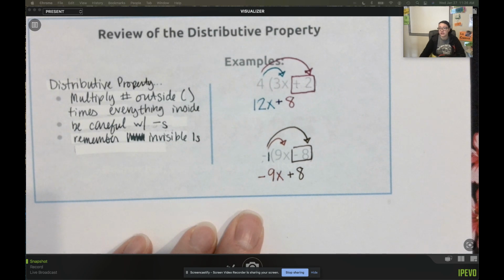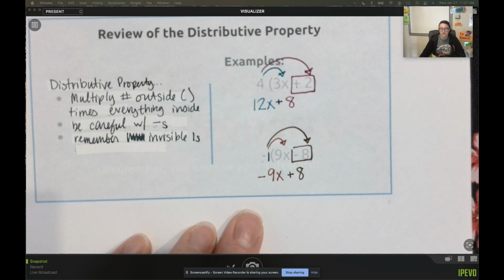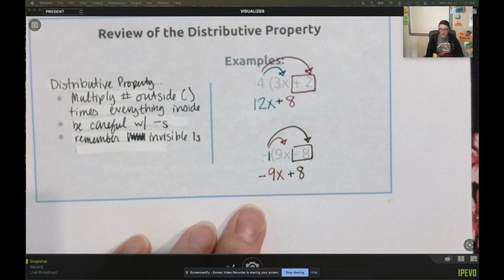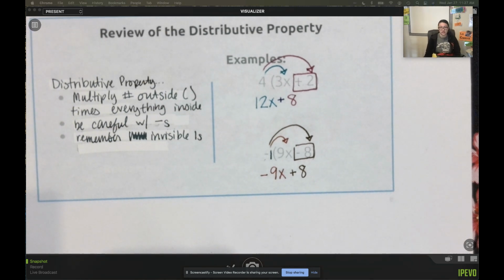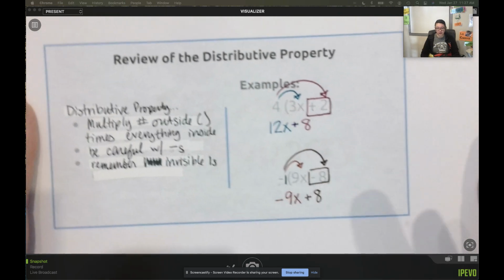And if y'all don't believe me, let's check our calculator. If I do -1 times -8, I get a positive 8. So there, I get -9x plus 8. Let's do some examples where we're doing the distributive property in solving our equations.